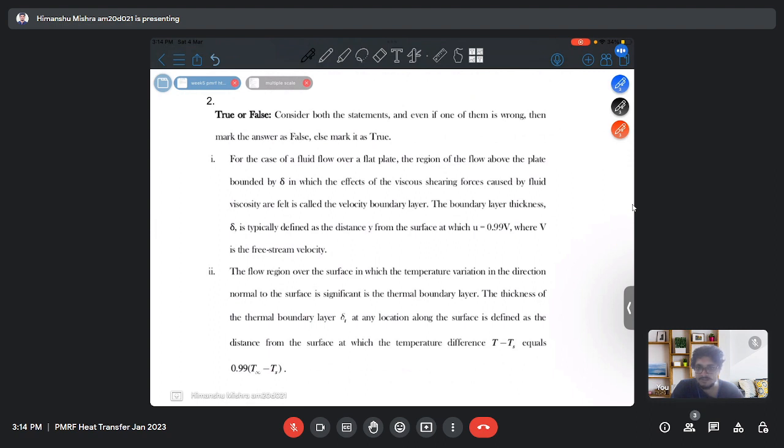The boundary layer thickness is typically defined as the distance y from the surface at which u is 0.99 V, where V is the free stream velocity. So is this correct? It is correct.